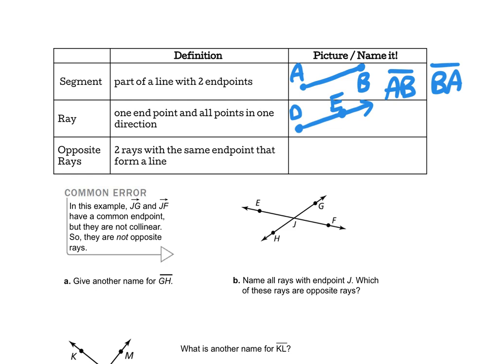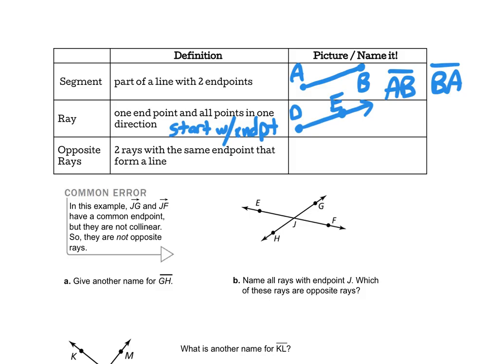When we name a ray, we always start with the endpoint. And I know I'm doing some abbreviating here. W with the slash means with, I should say. Endpoint, just because I'm running out of space, I abbreviated a little bit.